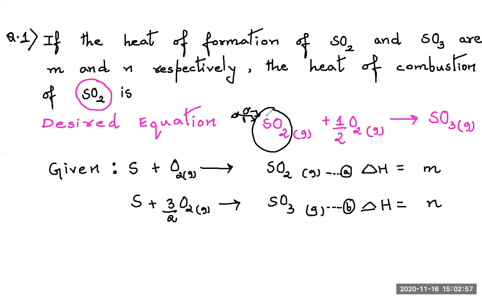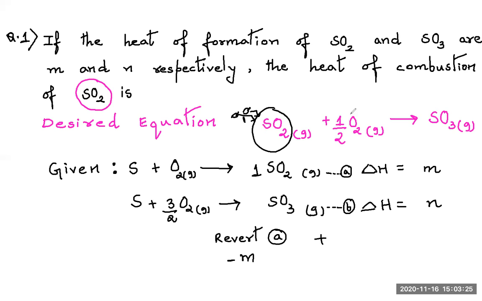So I have to revert it. As far as the numbers are concerned, I have 1 SO2 given, and in desired also I want 1. So I don't have to multiply or divide this enthalpy. So I want to revert A. When I revert A, it becomes M evolved.